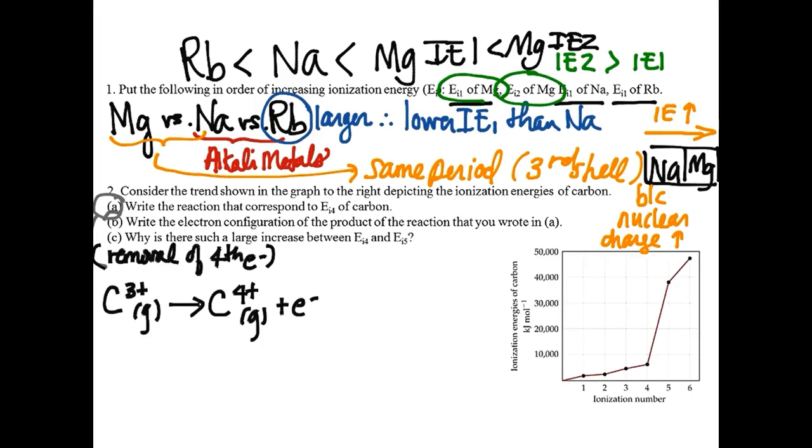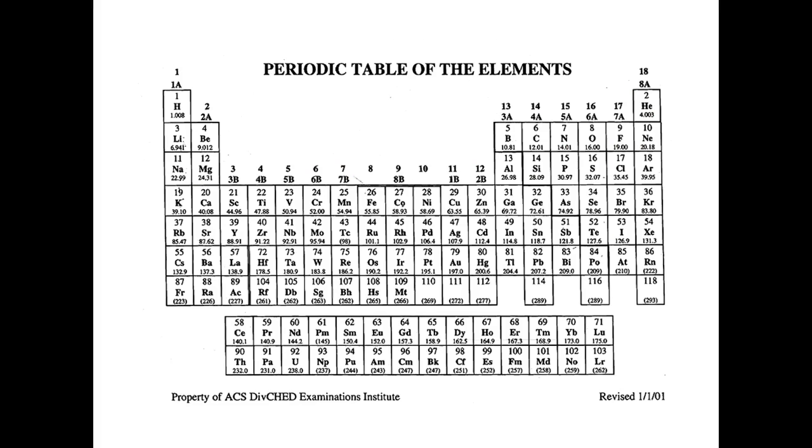All right, now we're going to write the electron configuration of the product of the reaction that you wrote in A. So the product, that means we're going to write the electron configuration for +4 carbon. The way we usually do this is we're going to look at our periodic table.